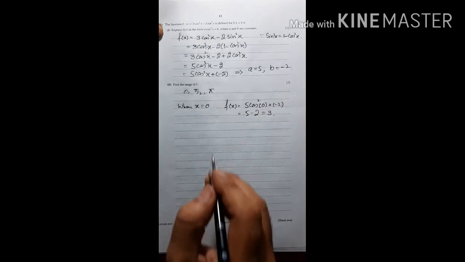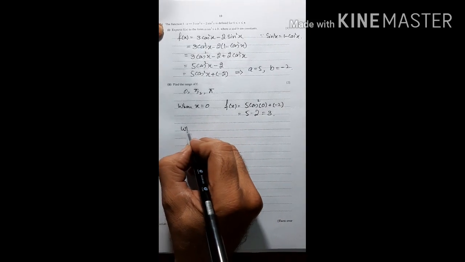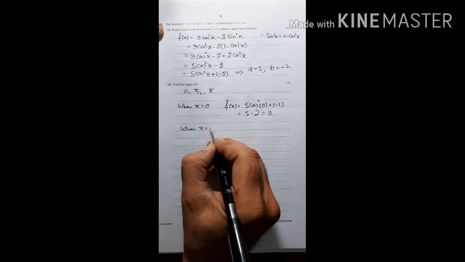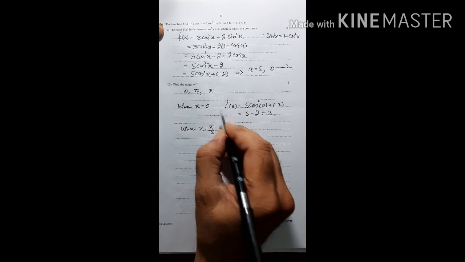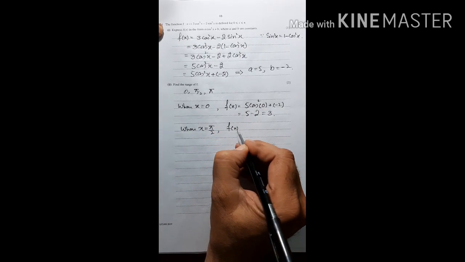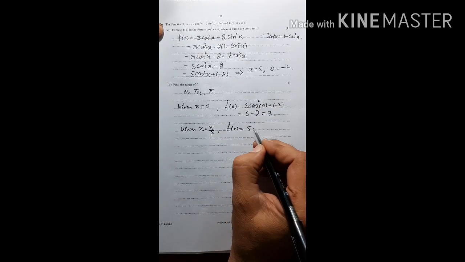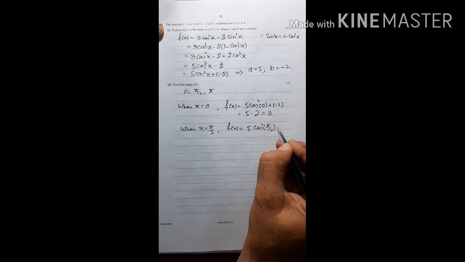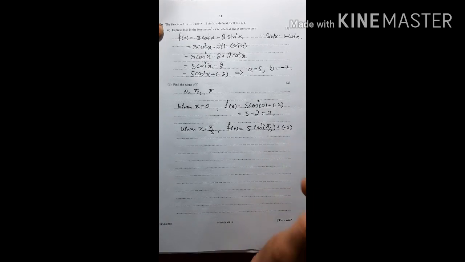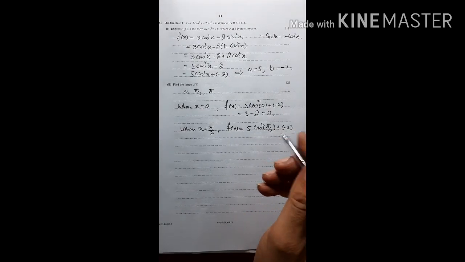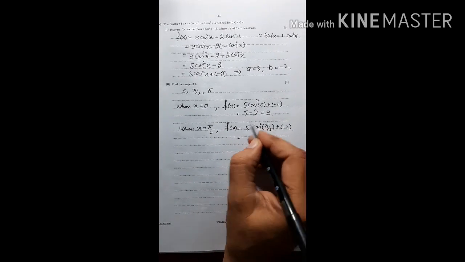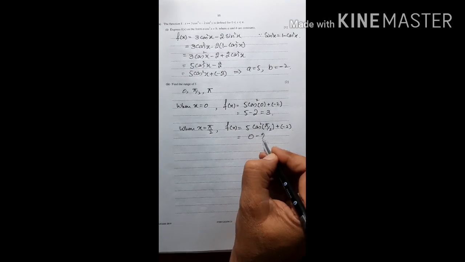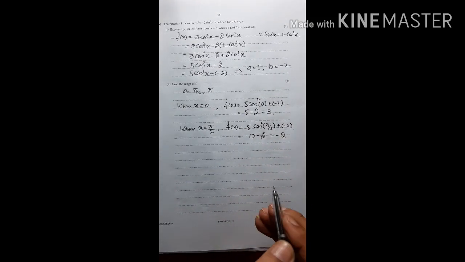This is our first value. When x is pi by 2, our f(x) will be 5 cos square pi by 2 plus minus 2. So cos 90 is always 0. So this whole will be 0 minus 2, which is minus 2.